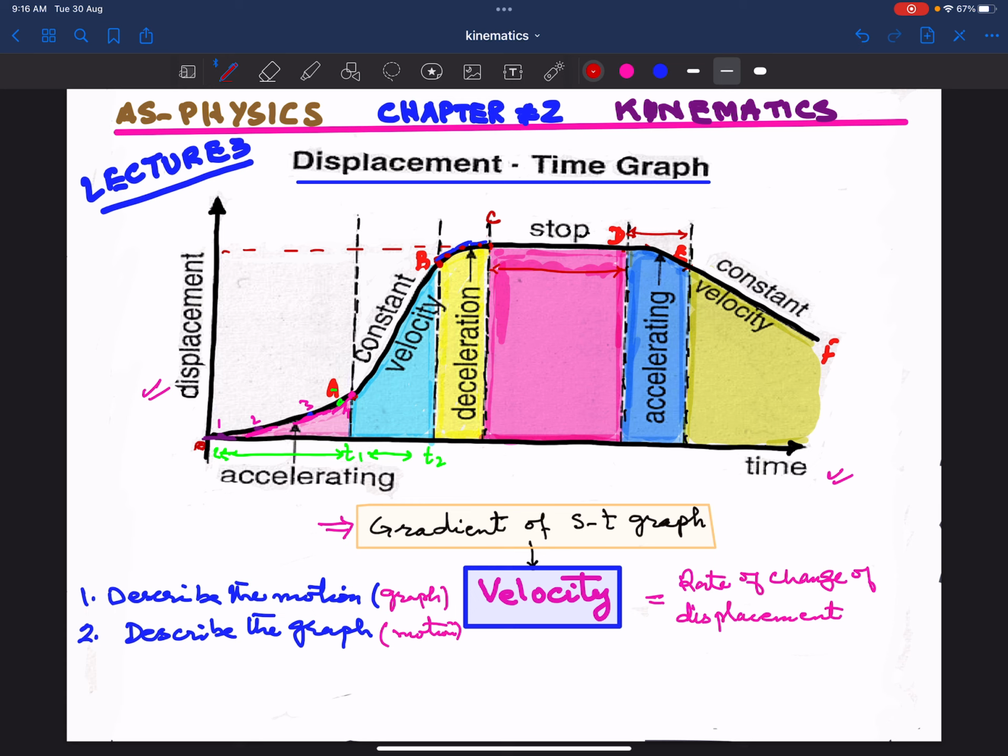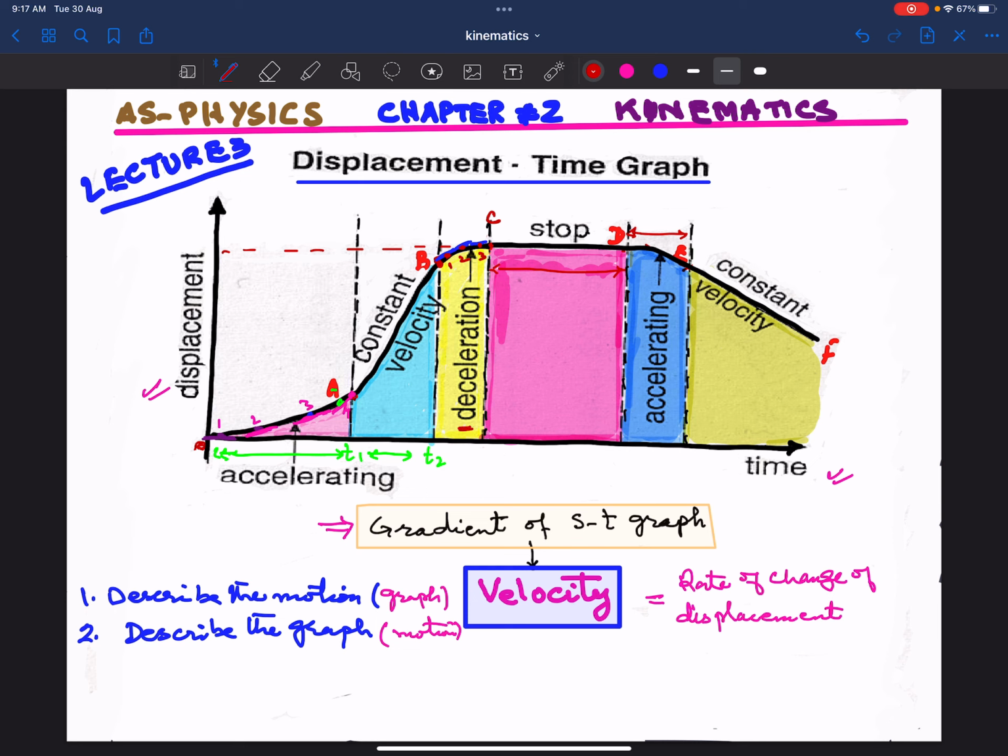If we consider points 1, 2 and 3 here, at point 1 the velocity was highest, then at point 2 the gradient has decreased, so the velocity has decreased, and at 3 it is decreasing even more. So the velocity is decreasing, which means the body is decelerating.